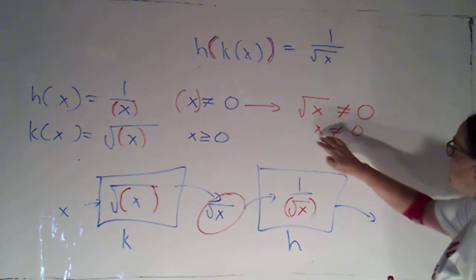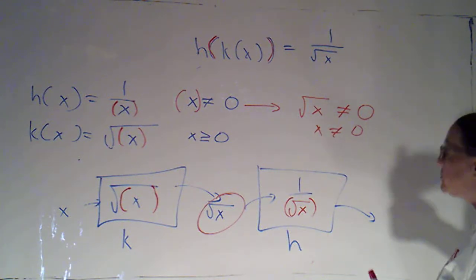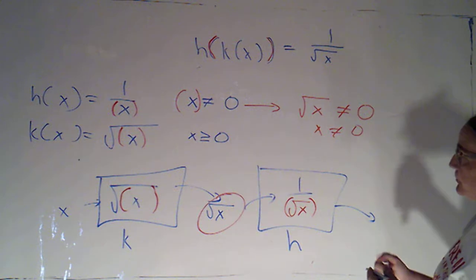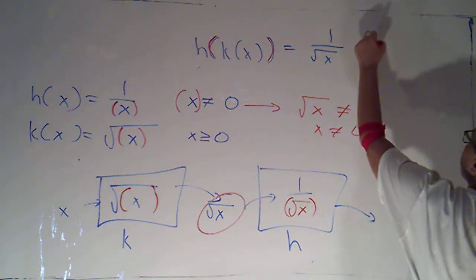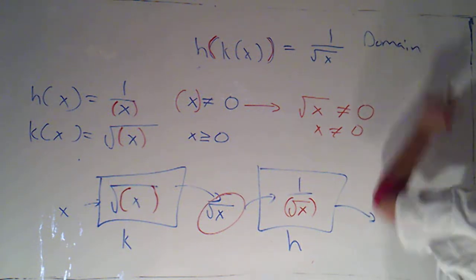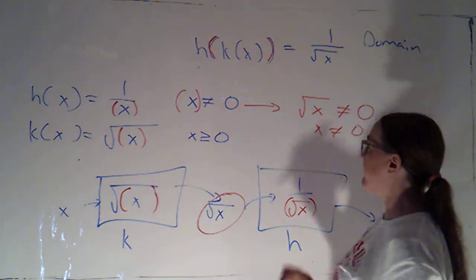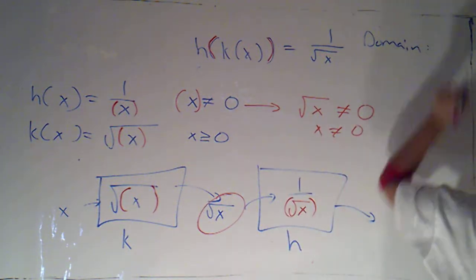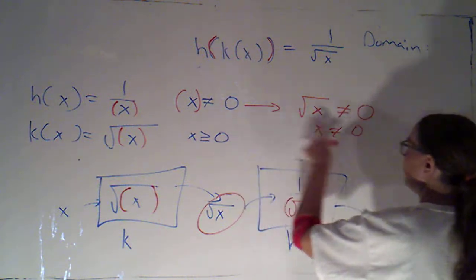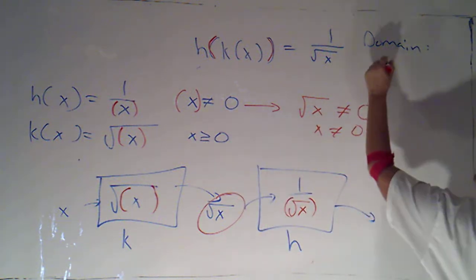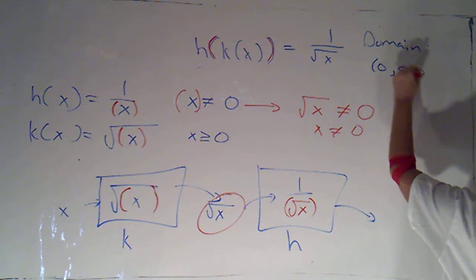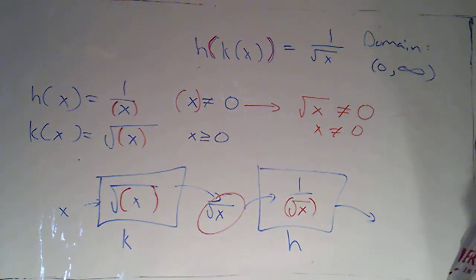So what that means is that my domain for this function composition, h of k of x, is just everything that's bigger than or equal to 0 that isn't 0. So it would be strictly positive numbers.